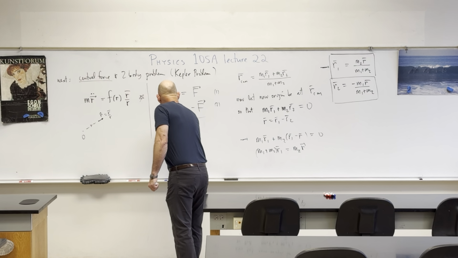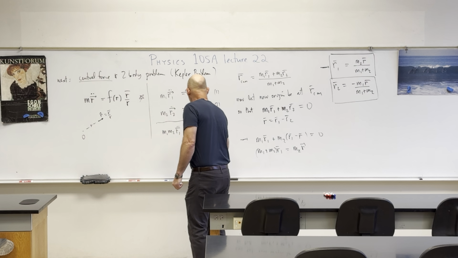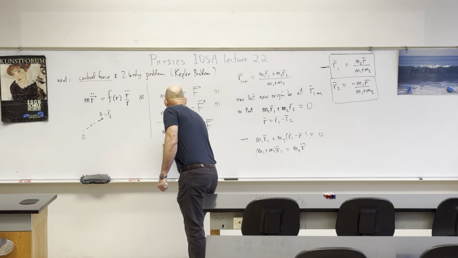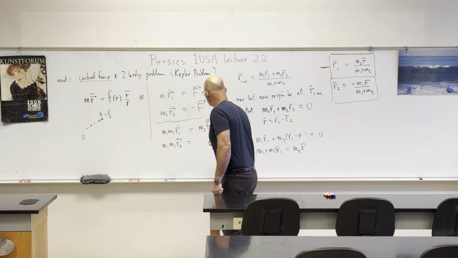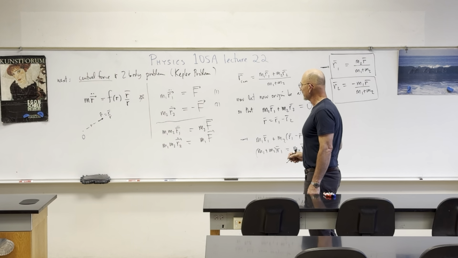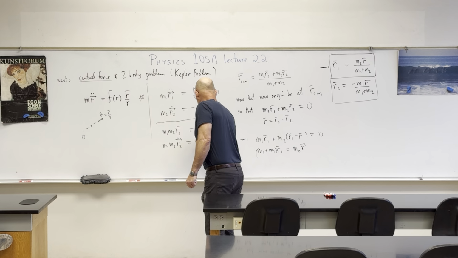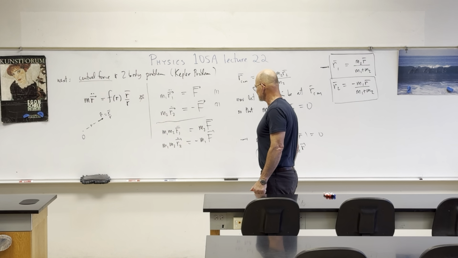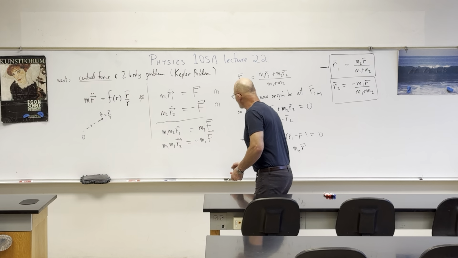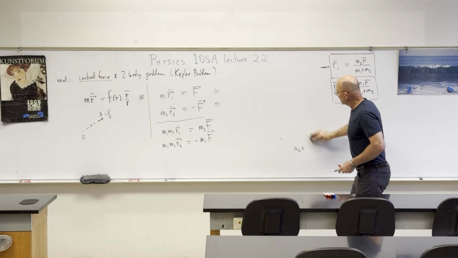So we'll have M1 M2 R1 second derivative equals M2 F, and M1 M2 R2 double dot is equal to negative M1 F. And now I'm going to subtract those two equations, one from the other.